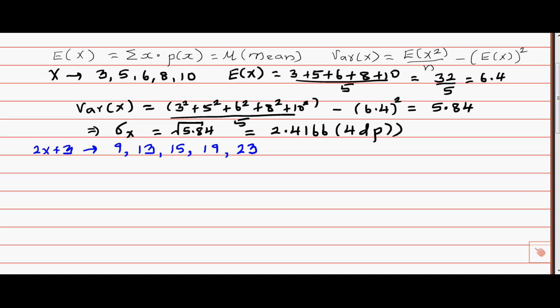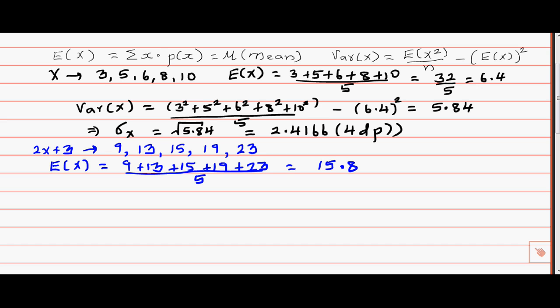Okay, now let's find the expected value, which is the mean, which is 9 plus 13 plus 15 plus 19 plus 23 divided by 5. You can add this using a calculator. This adds up, and if you divide by 5, I have worked it out, it is 15.8.